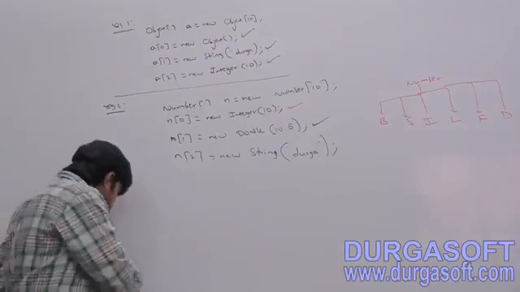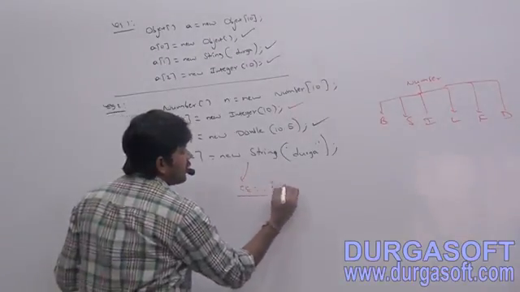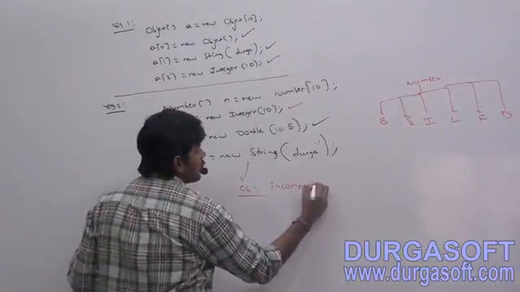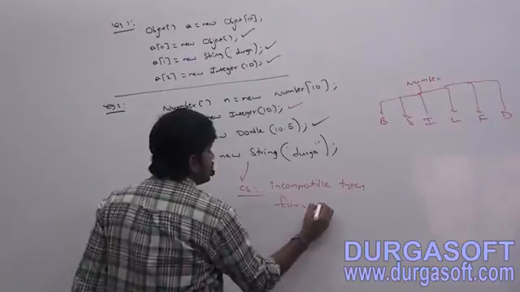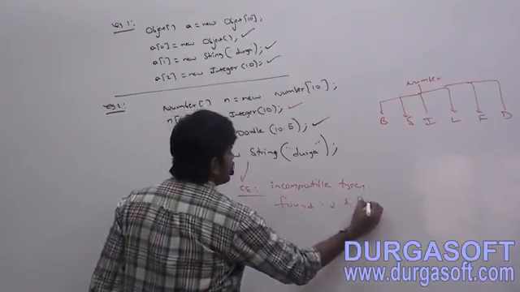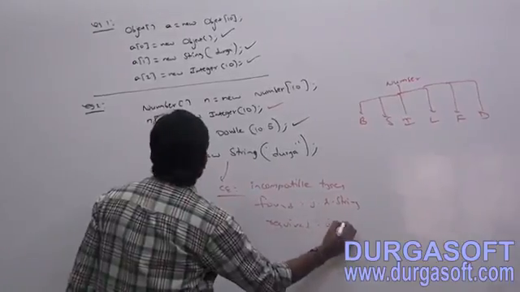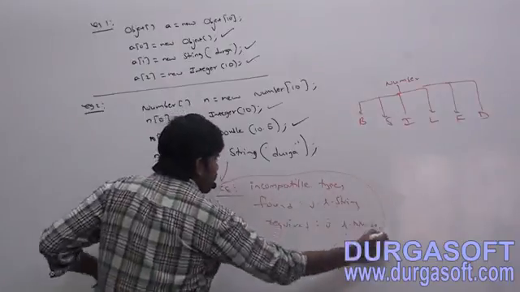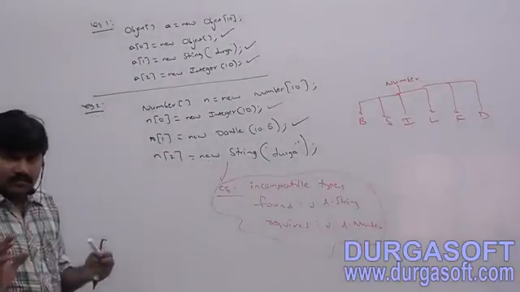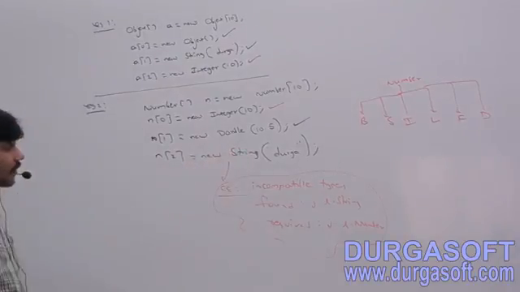That's why you immediately get a compile-time error saying incompatible types: found java.lang.String, required java.lang.Number. I hope it is clear for all of you.